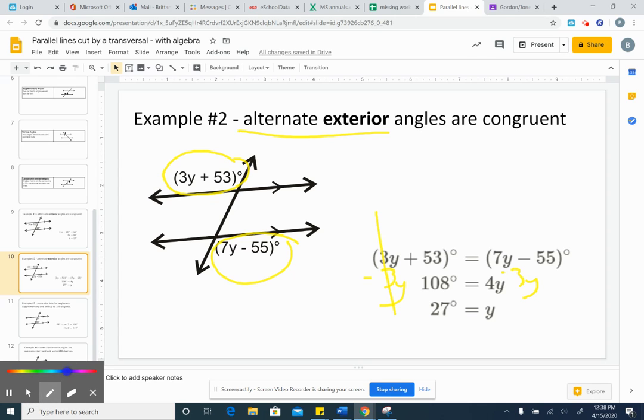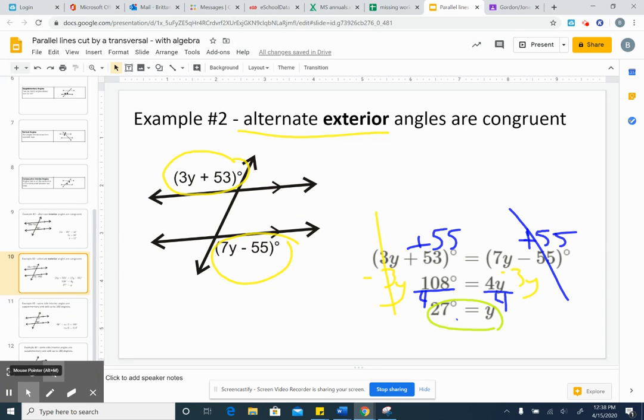And then we also added 55 to both sides, canceling those, giving us 108 on the left. Now you have a one-step problem. 108 equals 4y. We need to isolate the variable. Let's isolate that variable. 108 divided by 4 is 27 degrees. That is your answer.